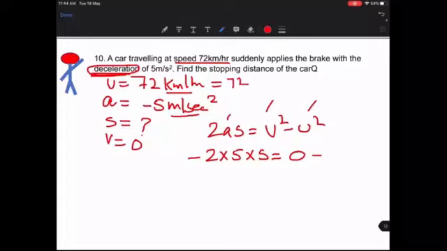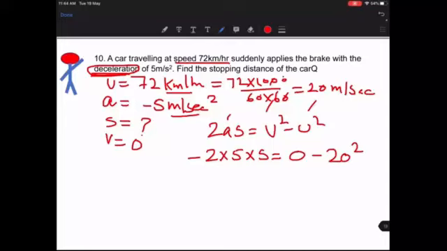So what you have to do is 72 into 1000 upon 60 into 60. If you solve it, you will get 20 meters per second. Now this 20 you have to substitute here. So units are very important. You have to take care of the units.